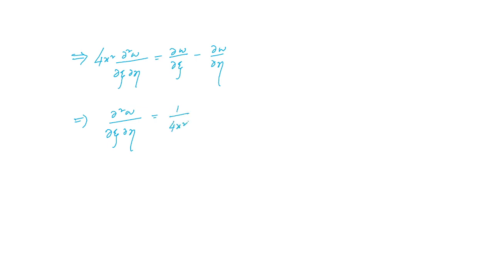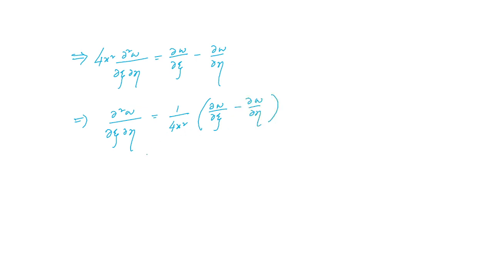So if we simplify this, after simplification, it will be 4x square del 2 omega del xi del eta equals del omega del xi minus del omega del eta. So from that we will write del 2 omega del xi del eta, this will be 1 by 4x square, del omega del xi minus del omega del eta.